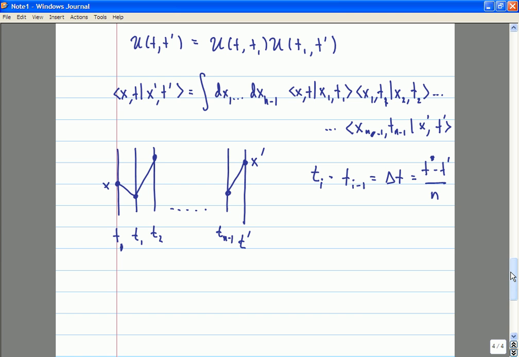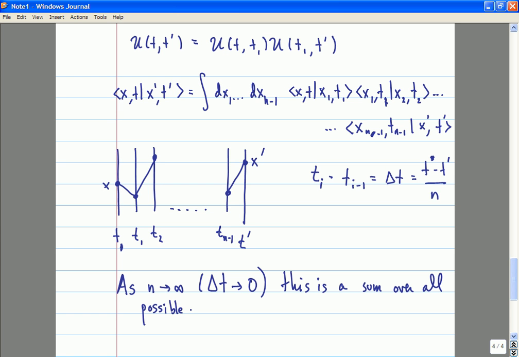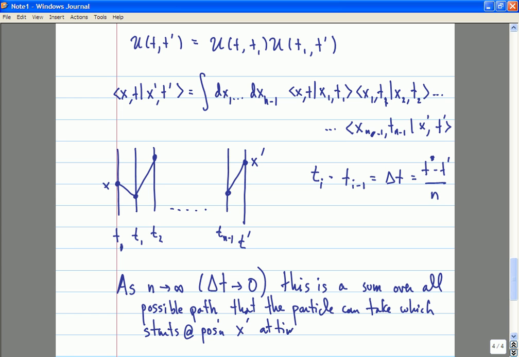And so in the limit where n goes to infinity, which is to say that the time spacing between them goes to 0, this is a sum over all paths that the particle could take, and the only condition is that the path starts at a position x prime at time t prime and ends at a position x at time t.